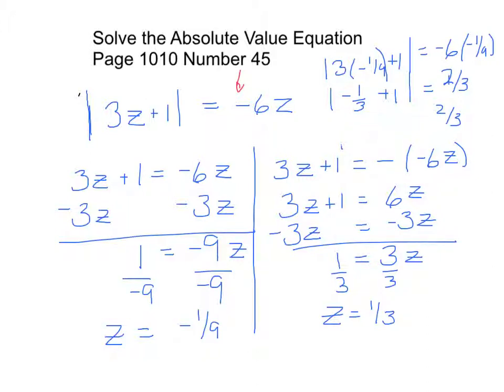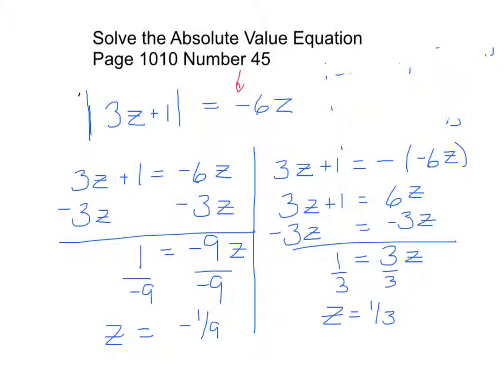Okay, let me go ahead and erase that. Let's check the other answer. Absolute value of 3 times 1/3 plus 1 equals negative 6 times 1/3.